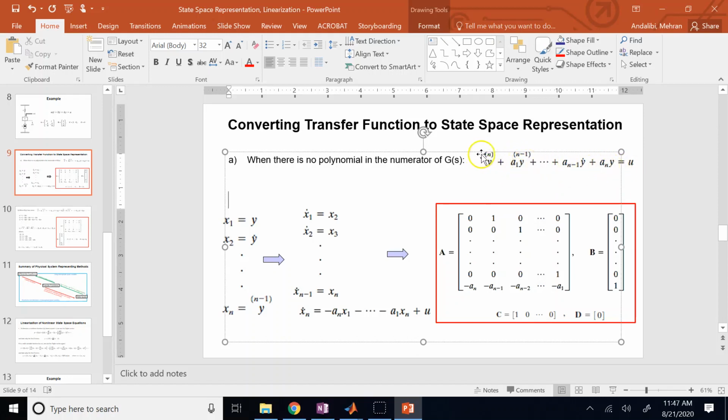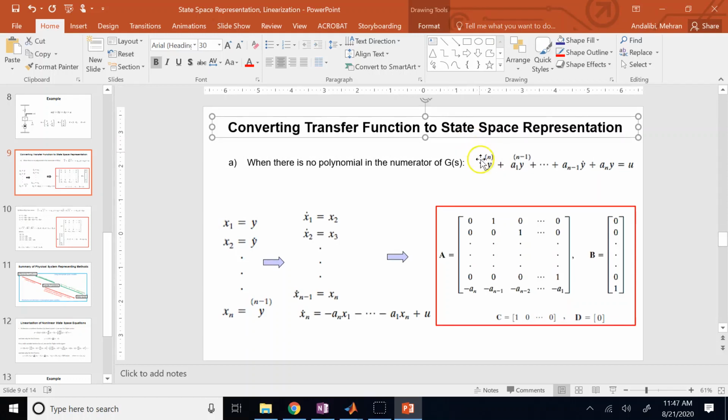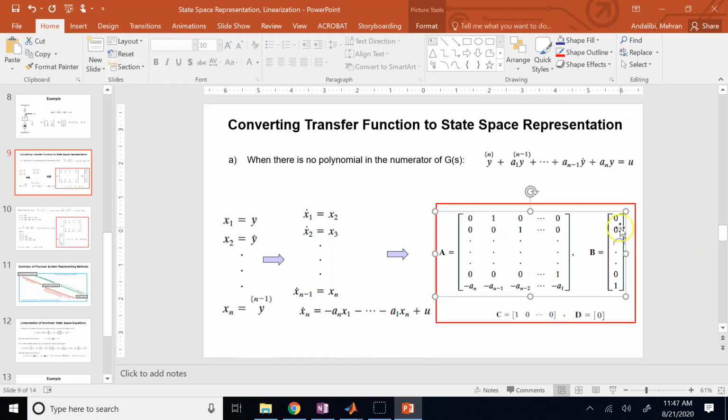And the other thing that you need to have here, which is important, is this first term should be 1. If it's not 1, you have to convert it into 1. I'll show you how. B is going to be all zeros except for last one, which is a 1. C is 1, all zeros. D is 0, right? Really?